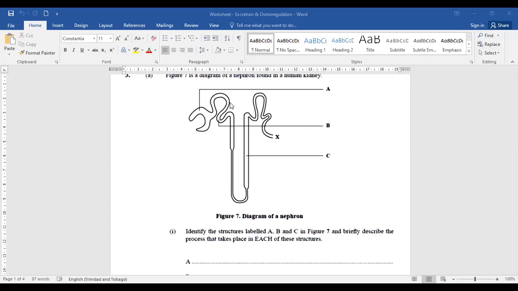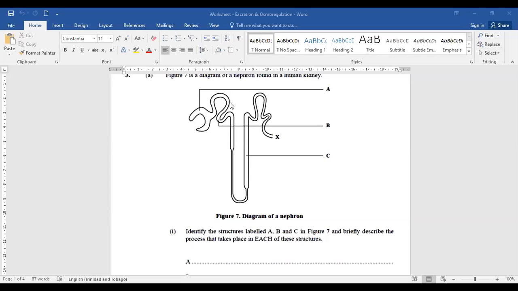These nephrons are found within the kidneys. You have two kidneys, a right and a left. Inside each one of them you have thousands of nephrons. You actually have a forest of nephrons inside, and each one is responsible for filtering the blood and producing the urine that you would get.